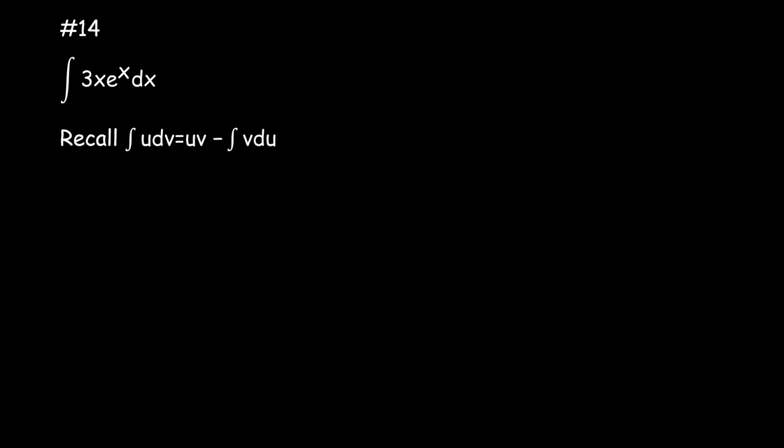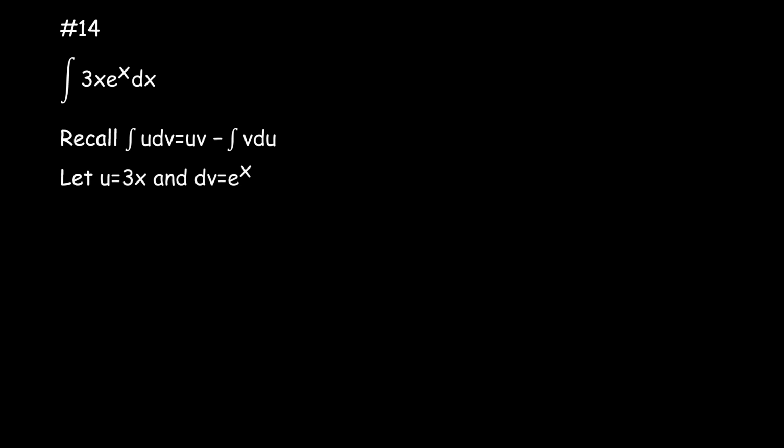So in order for you to choose your u and your v, you have to make sure u is the one which is easily differentiable, and it also helps the power of x reduce. So in this case, we take 3x as u, because if you differentiate that, the power of x will reduce and we'll just have a 3 left.